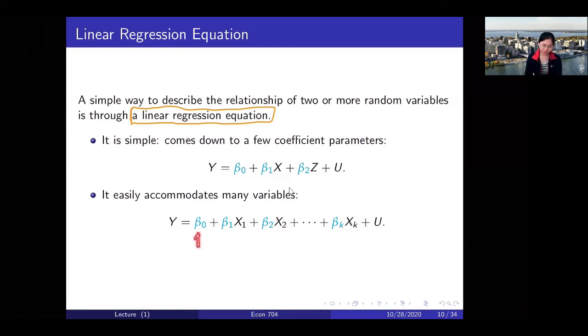And the coefficients describe the relationship between y and these x variables. And the u term will capture anything in y that is not described in this linear function of x. And precisely what these coefficients and the errors mean will depend on the purpose of the model.